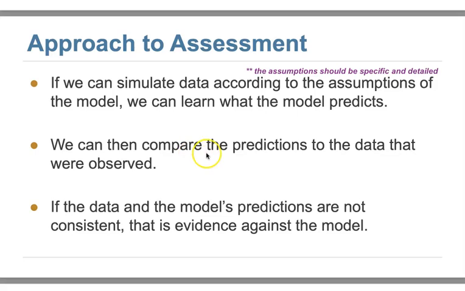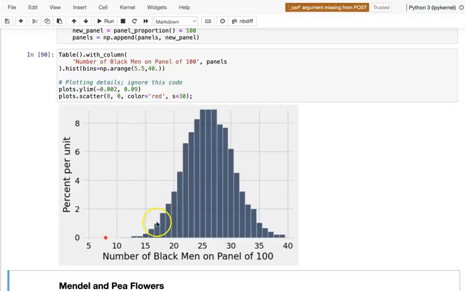Then we can compare the prediction. The prediction in our model is just the distribution we simulate, so we compare the prediction to the data that we observe. According to the model, we have 26% black eligible jurors and 74% other jurors.